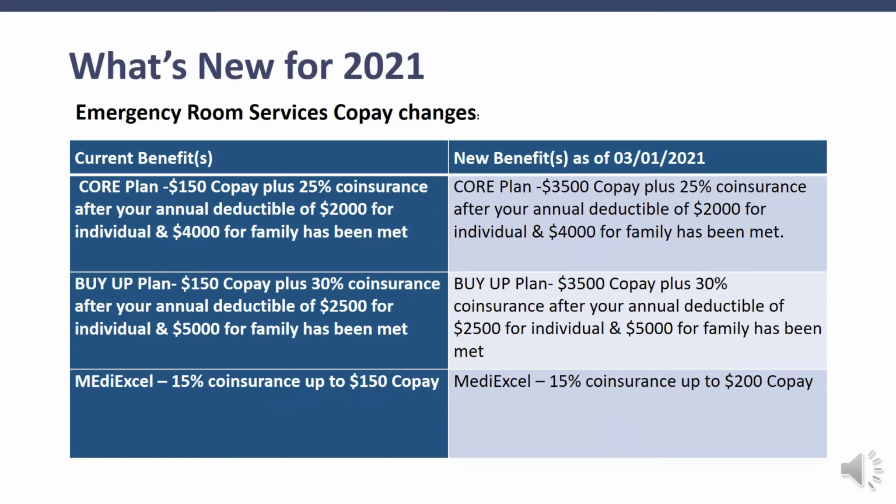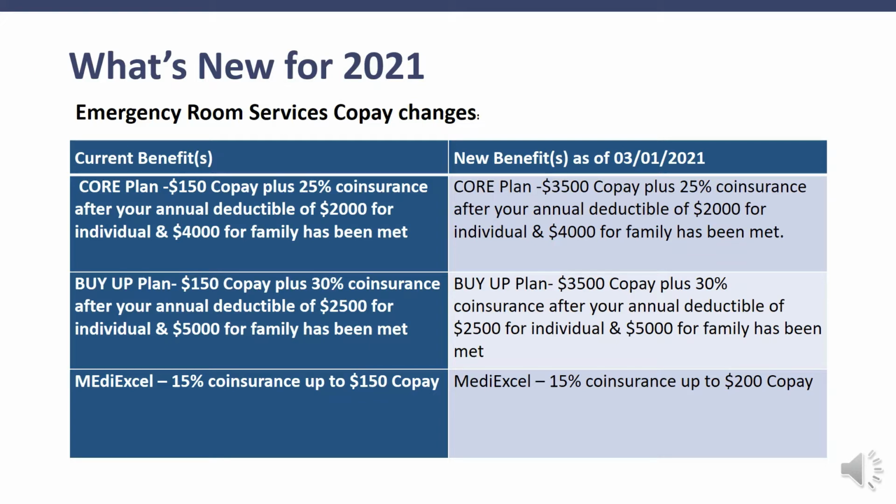What's new for 2021? We are making some plan changes to your core plan and buy-up plan through Evolution Healthcare, and that's the emergency room services copay that will be changing as of March 1st, 2021. As of right now, your current benefit through the core plan for the emergency room is a $150 copay plus 25% coinsurance after you have met your deductible of $2,000 for individual and $4,000 for family.